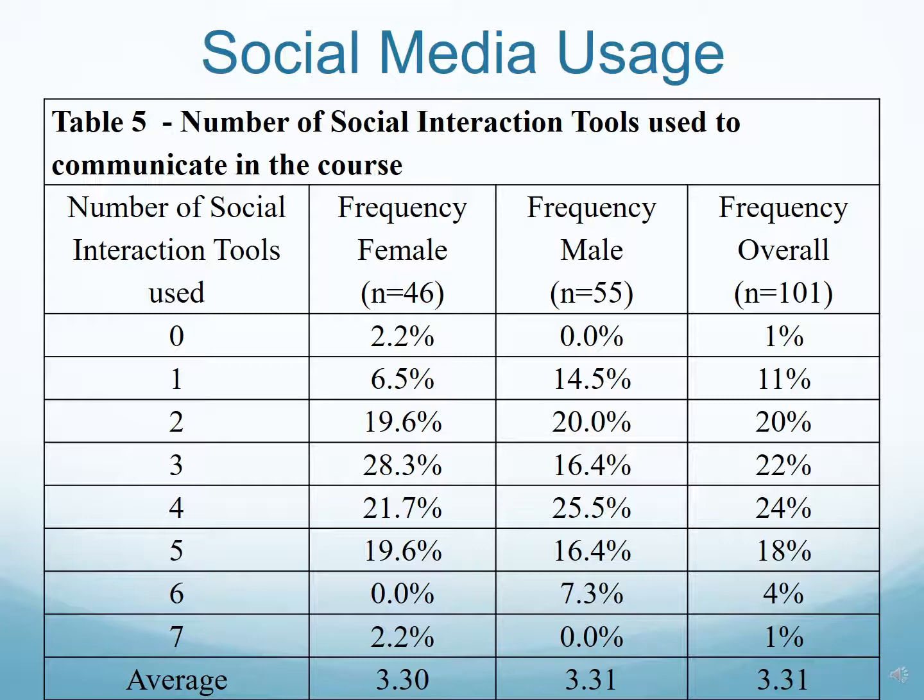And there are also some differences where we have some female students using 7 social media tools, accounting for 2.2% of them. The distribution is different, and it gives us an indication that the number of social media tools and gender must be studied together.